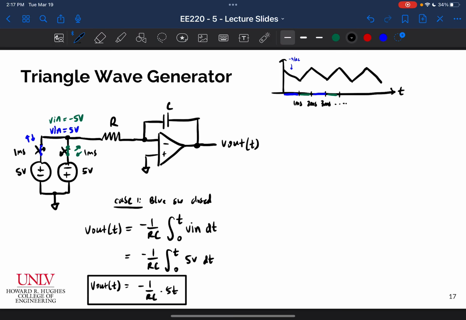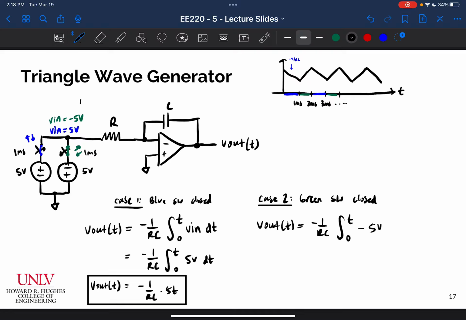Well, what's going to happen when my green switch is closed and my blue switch is open? Again, we're not assuming that there's ever going to be a time where both switches are closed at the same time, because that would violate rules. So in this case, V out of t is going to be equal to negative 1 over RC times the integral from 0 to t of negative 5 volts for the green switch, dt.